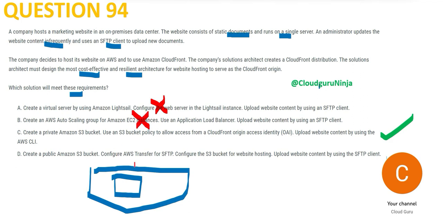D says, let's use a public S3 bucket. Okay, so it is your website, your documents, but you want to make it public. Fantastic. And configure AWS Transfer SFTP and configure the S3 bucket for web hosting. See, web hosting is fine. Static web content hosting, we do it on S3. That is not a problem.